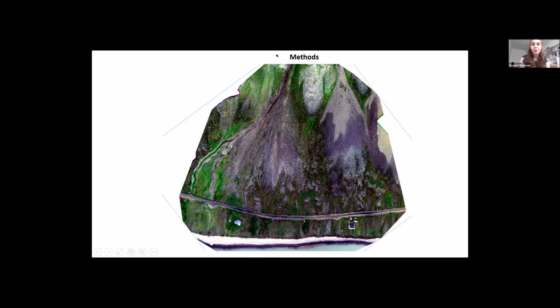So of course you have all of the organic matter from the bird cliffs that is being inputted into the vegetation up here, and that nutrient gradient is decreasing from the bottom of the bird cliffs here down to sea level. So first of all, we flew the drone and collected this nice map.